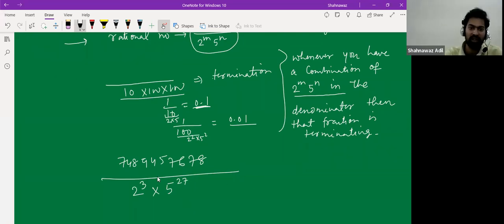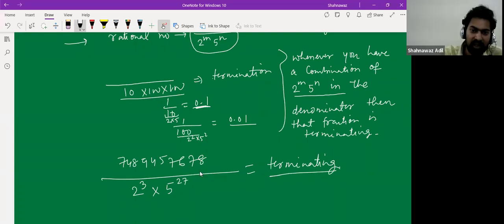Terminating. Yes. So without actually doing this troublesome division, you can tell that this is terminating, right? You don't have to use actual division, right? Yeah. Okay.